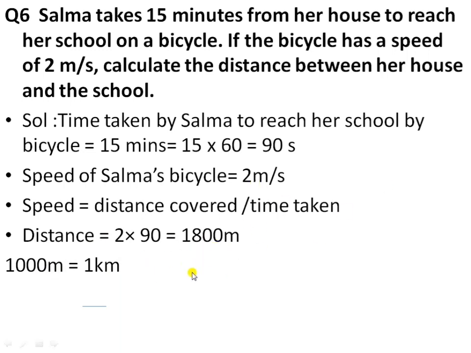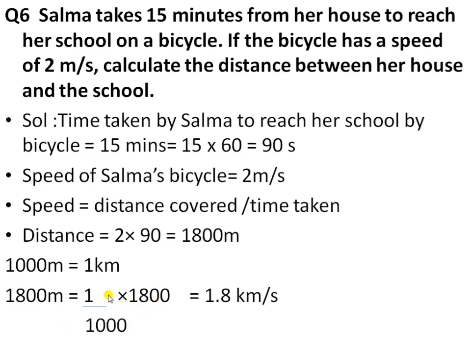In the same way, if we have to convert minutes into hours or seconds into minutes, simply divide by that term. So 1800 meters is equal to 1800 divided by 1000. So the answer is 1.8 kilometers. So this is the distance between her house and the school, that is 1.8 kilometers.